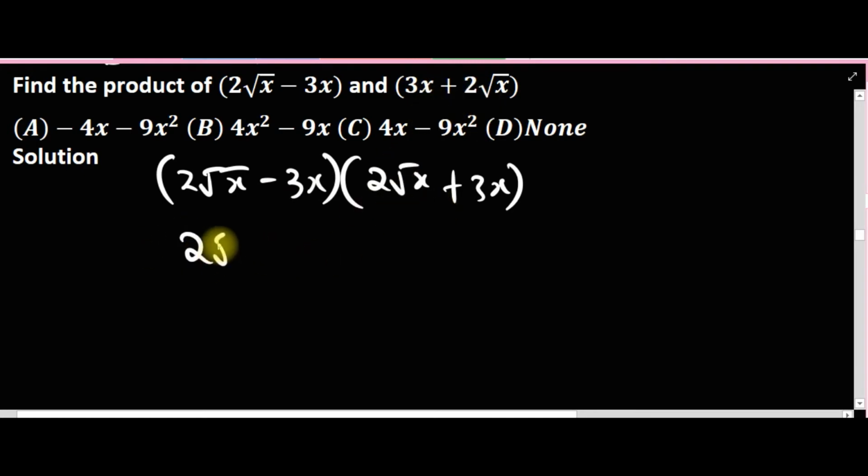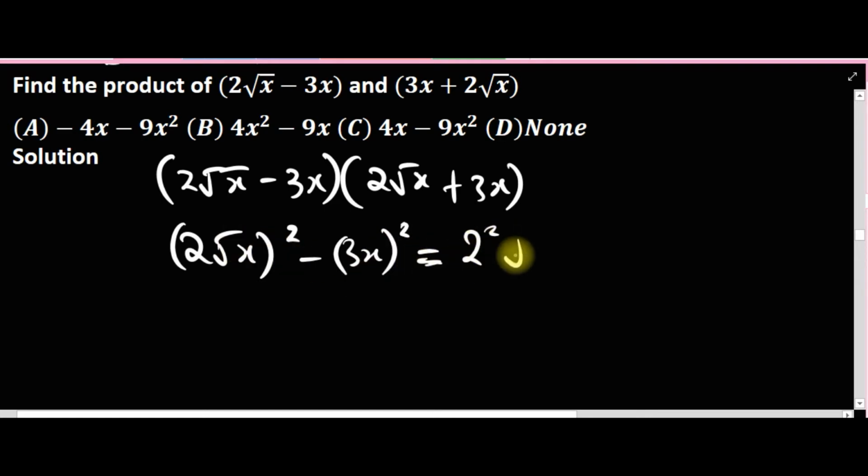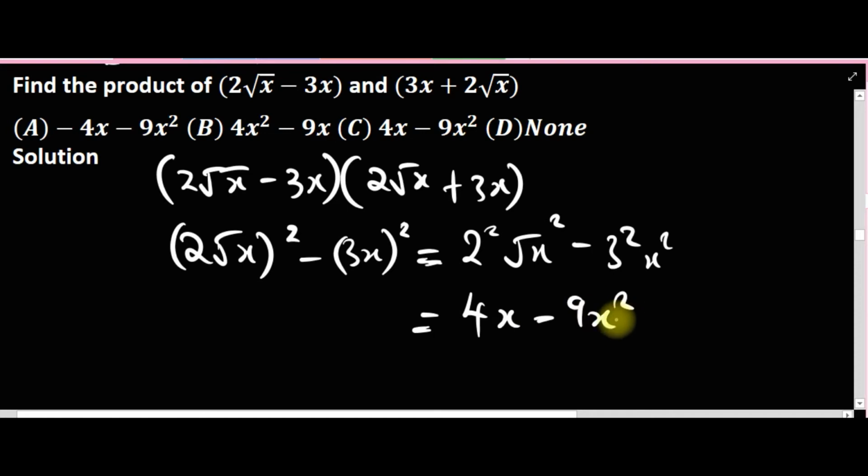And this has turned to difference of 2 squares. So we have 2 square root x squared minus 3 squared x squared. Just laws of indices. So we have 4x, because root x squared is that, minus 9x squared. So you don't need to waste your time. The answer is C.